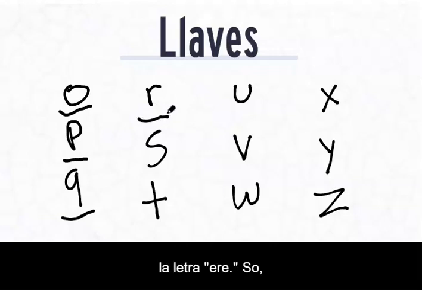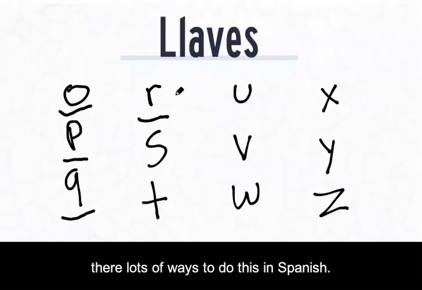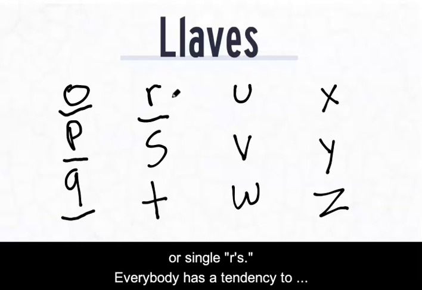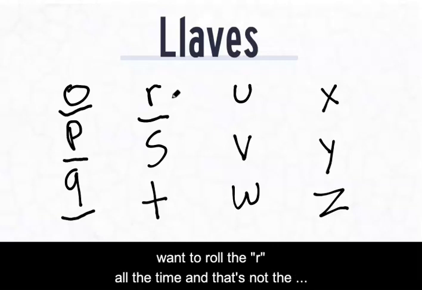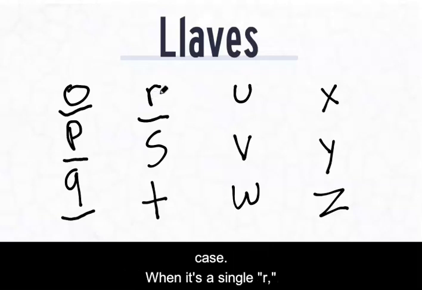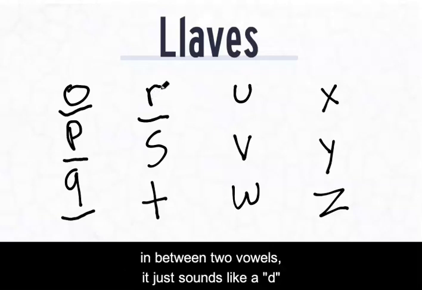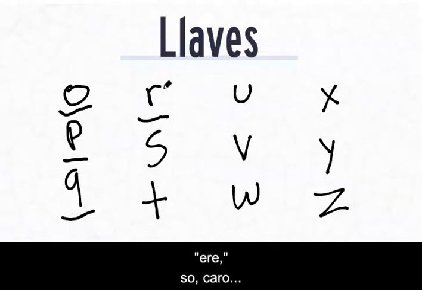Then comes our letter R. Okay, la letra R. So there are lots of ways to do this in Spanish. You might have seen double R's, single R's. Everybody has a tendency to want to roll the R all the time, and that's not the case. When it's a single R in between two vowels, it just sounds like a D, ere, so caro or cara.